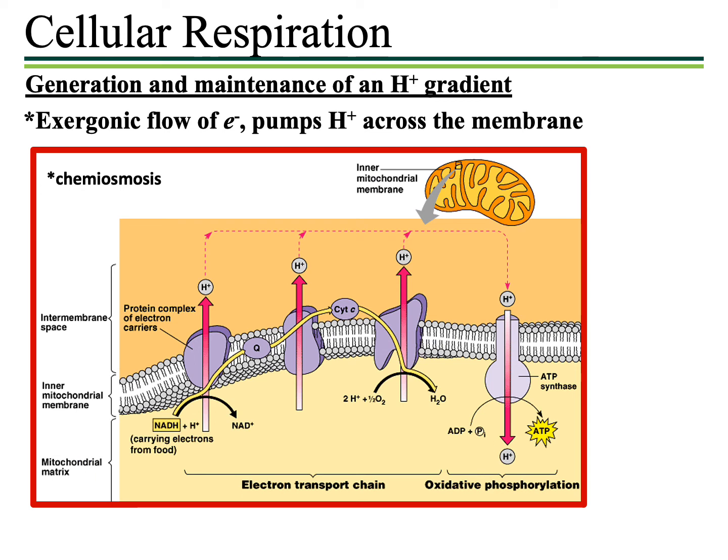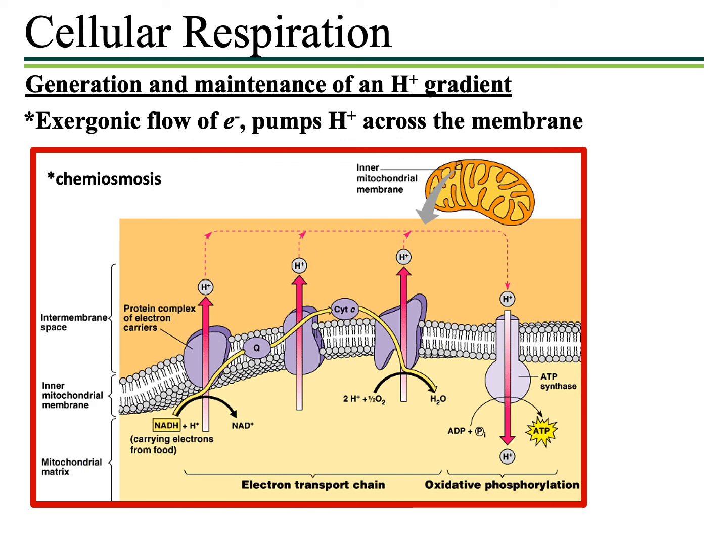So all of that NADH and FADH2 that was synthesized in glycolysis and the Krebs cycle is shuttled to the electron transport chain. Now remember, those molecules, NADH and FADH2, have a great deal of energy associated with them. What happens during the electron transport chain is those high energy molecules, NADH and FADH2, transfer their electrons to components of the electron transport chain.